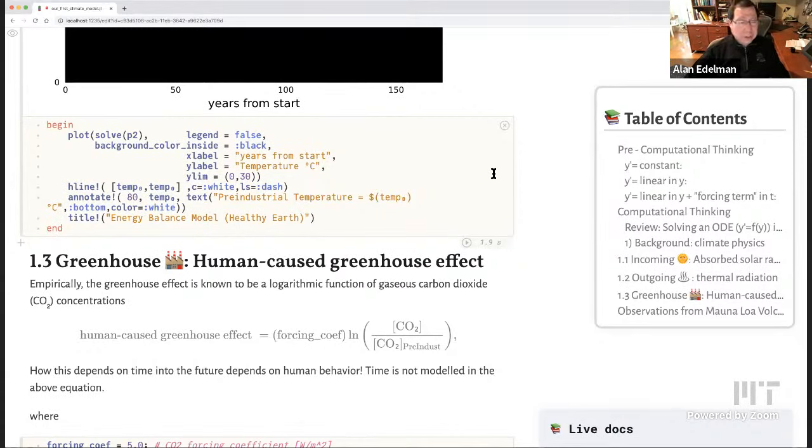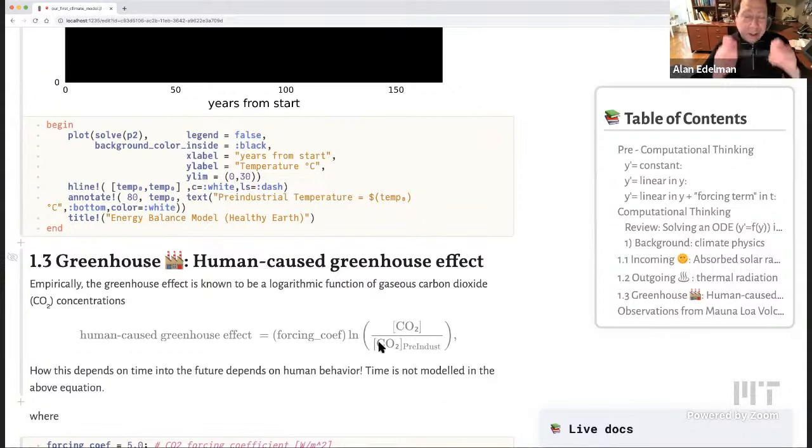And so this is going to put in the forcing function, that forcing term, and there's going to be two parts to this. One is what is the badness of increasing the carbon dioxide, and the answer is this badness is going to happen on a log scale.